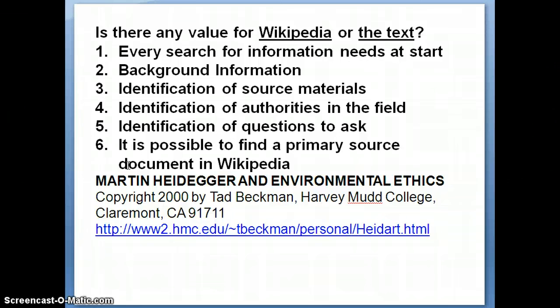I can check the credentials. Okay, so I could put that writing for Martin Heidegger, which appeared in Wikipedia, as a primary source document. So it is possible to find it, but that should also give you a clue of how you can go about the process of finding out if other sources are good primary source documents.